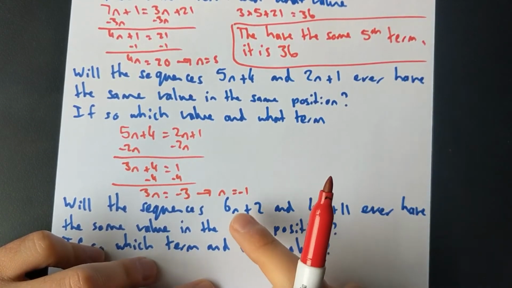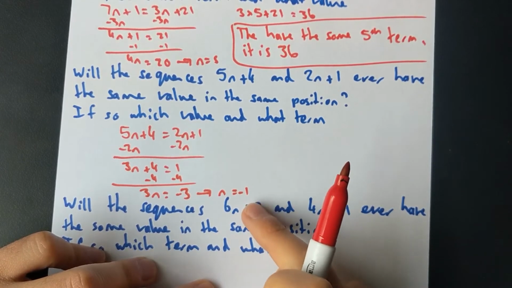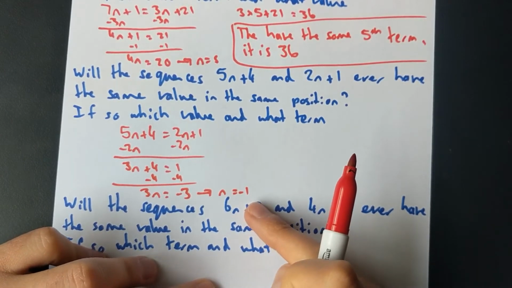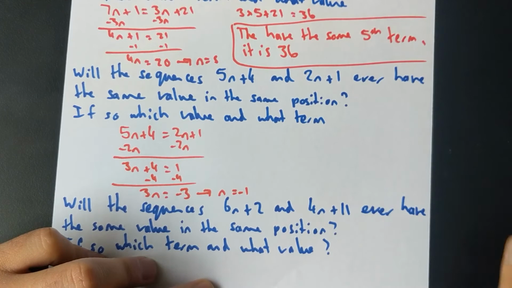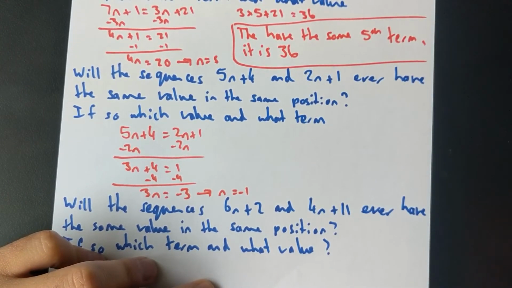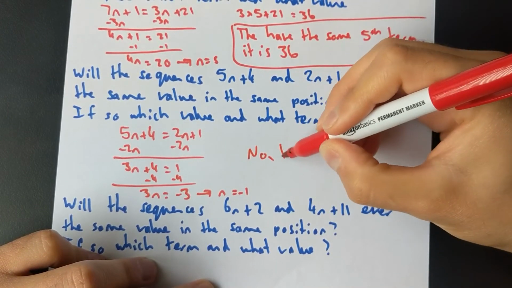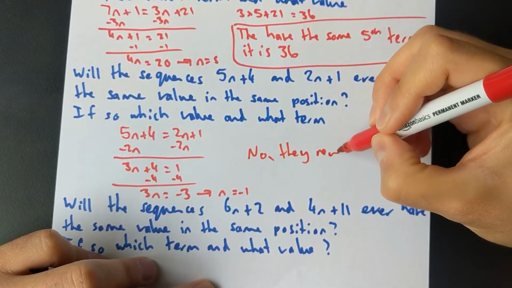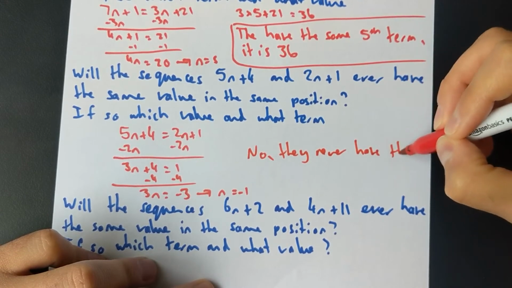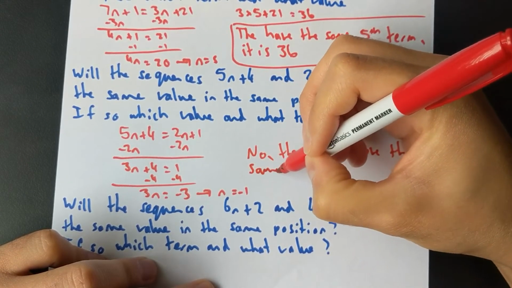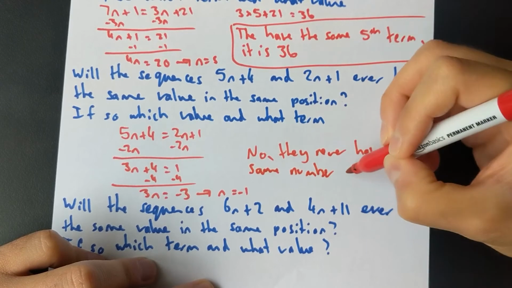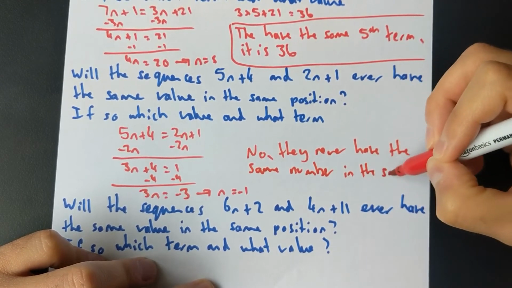Now, this is an integer, but it's a negative number, and for term positions I can only have positive terms. There's the first term, the second term, the third term, and it keeps going, but they're always positive. So if it comes out as a negative number, then no, they never have the same number in the same position.